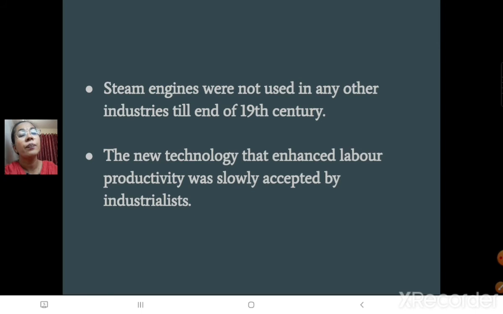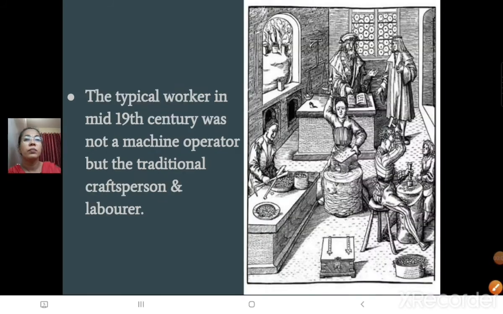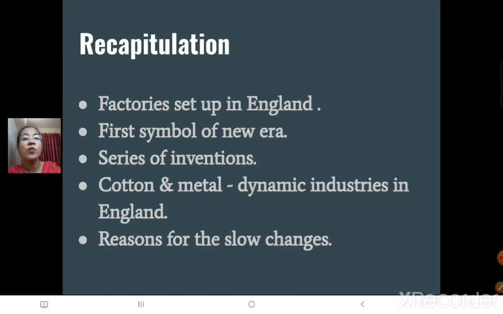Expensive machines, they often broke down, and also the repair of the machines was costly. Right, children? Historians now have recognized that the typical worker in the mid-19th century was not a machine operator, but the traditional craftsperson and the laborer.